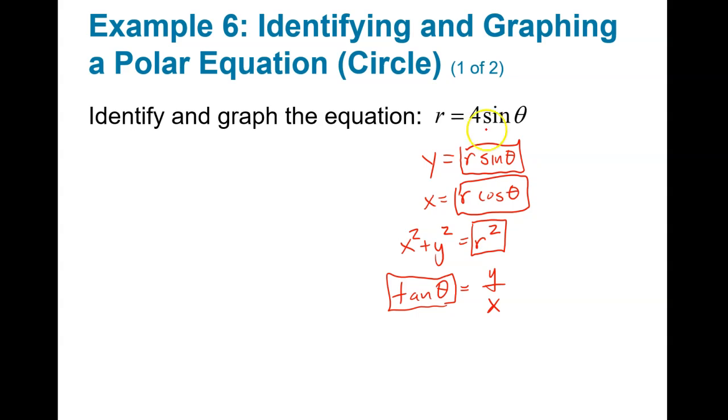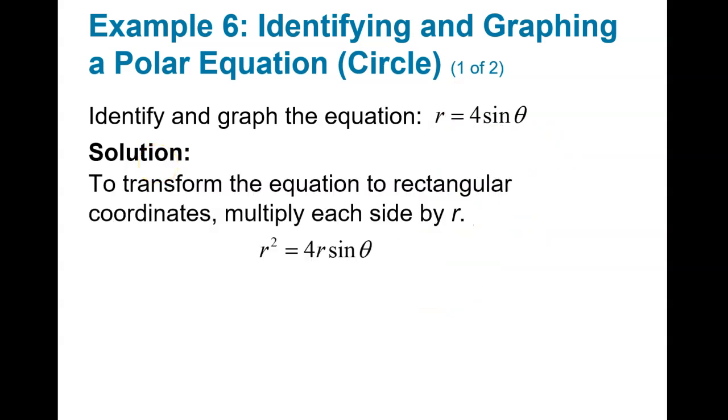So in this equation, I have a sine theta, and I have an r, but they're not together, so it's not y. But remember, when things are equal, I can do the same thing to both sides. So what I'm going to end up doing here is multiply the left and right hand side by r, which will maintain the equality. It'll keep it equal, and I'll pick up an r squared, and I'll pick up an r sine theta. So we're going to multiply each side of the equation by r.